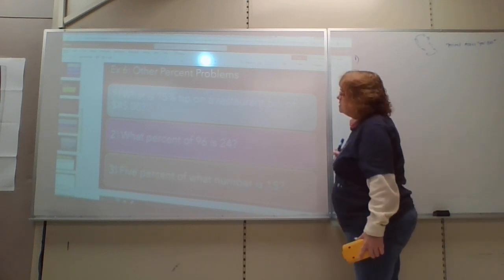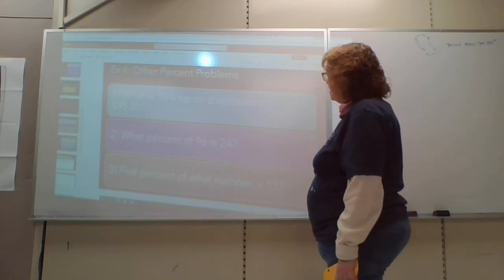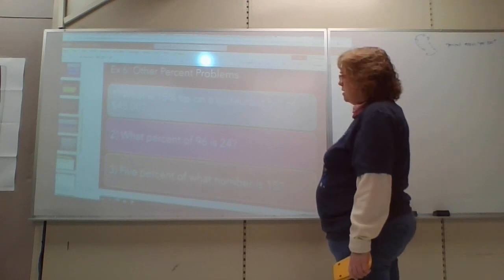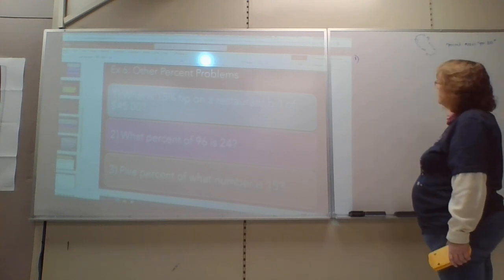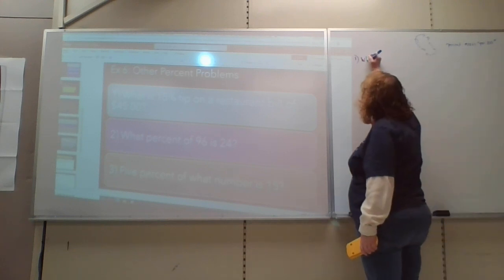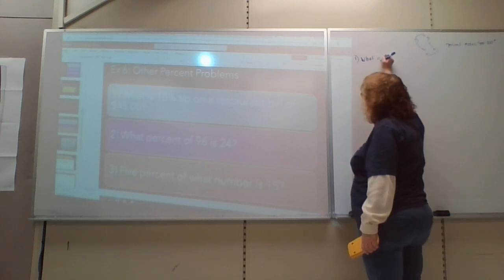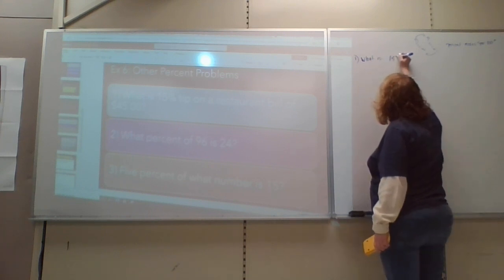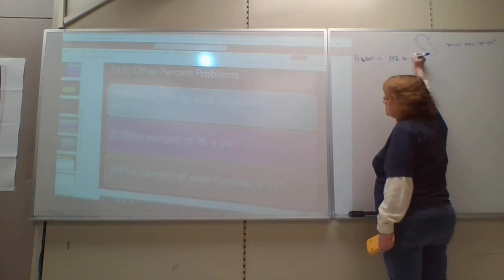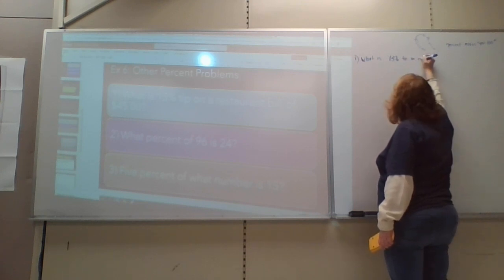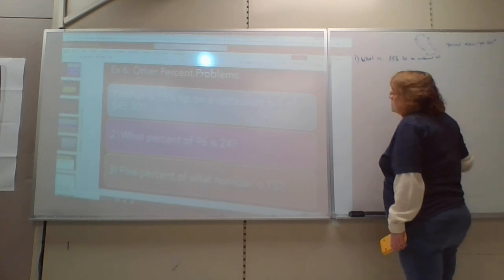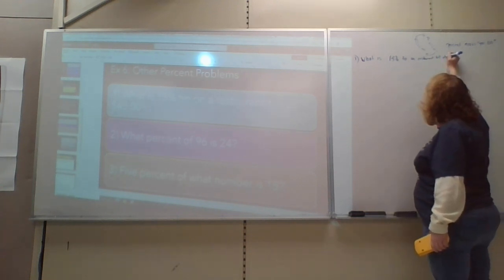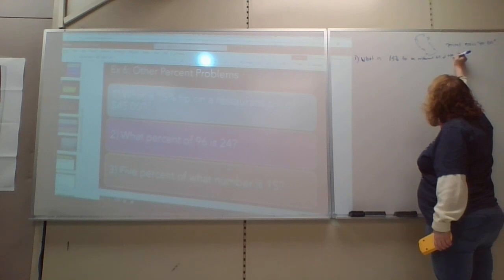It says, what is a 15% tip on a restaurant bill of $45?